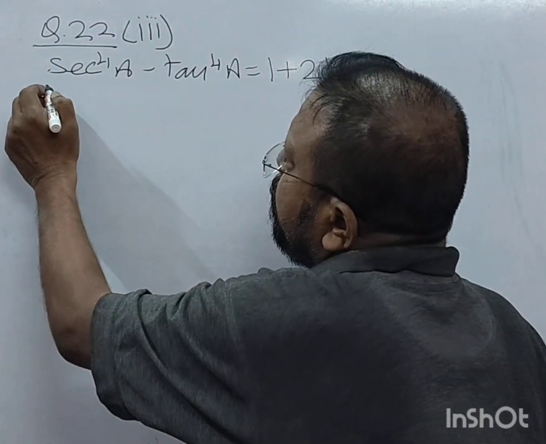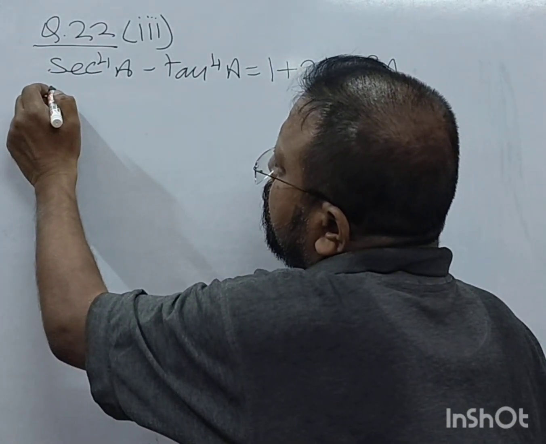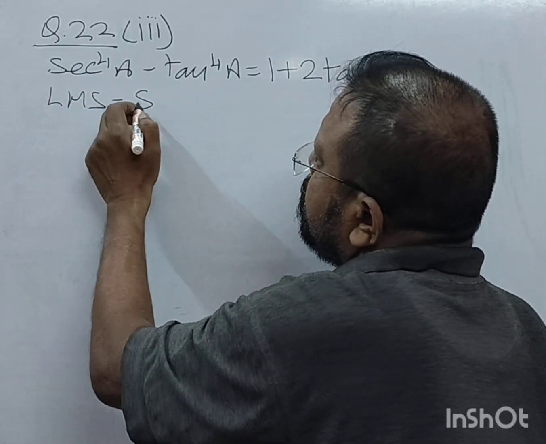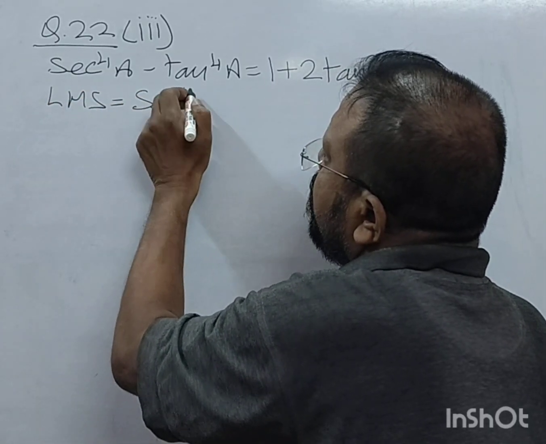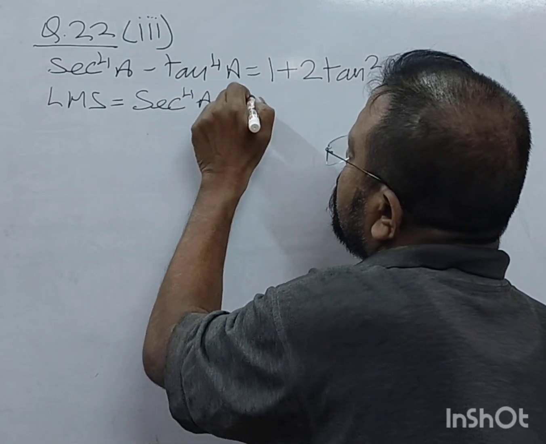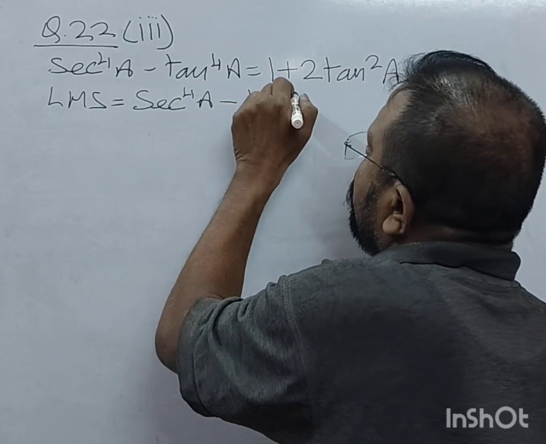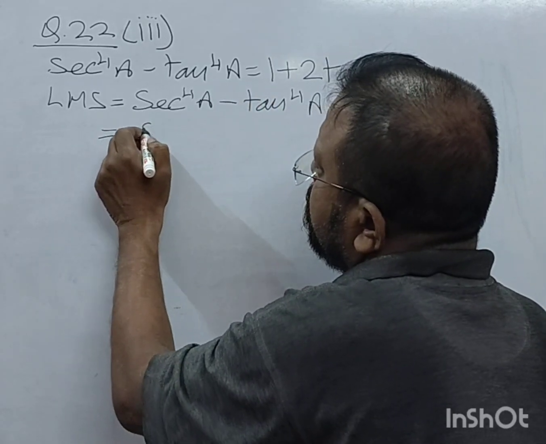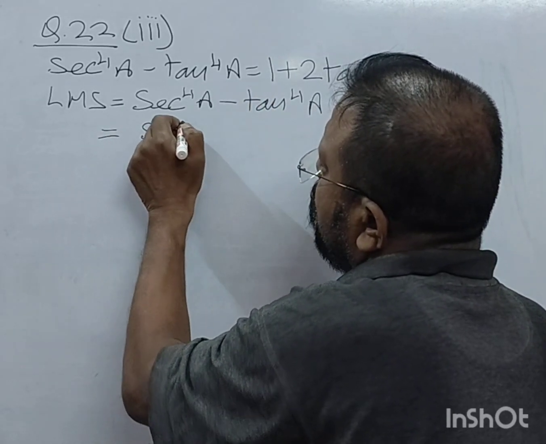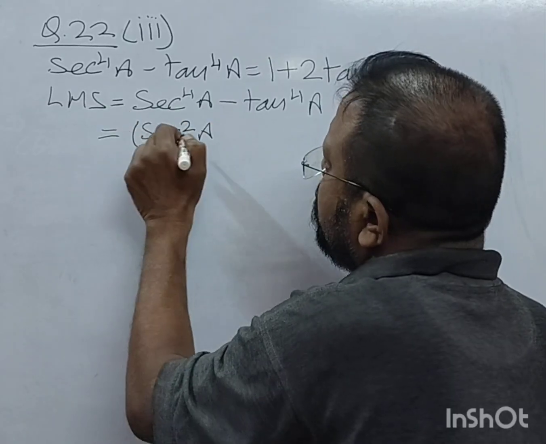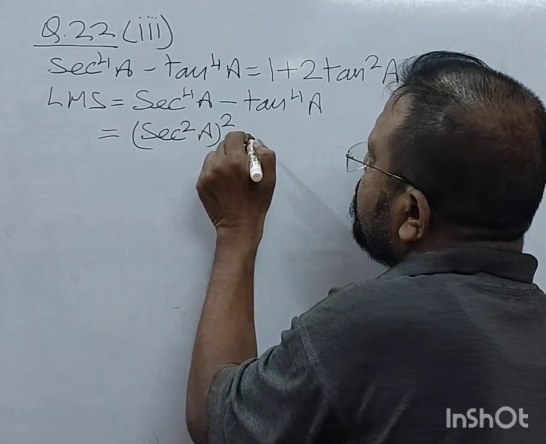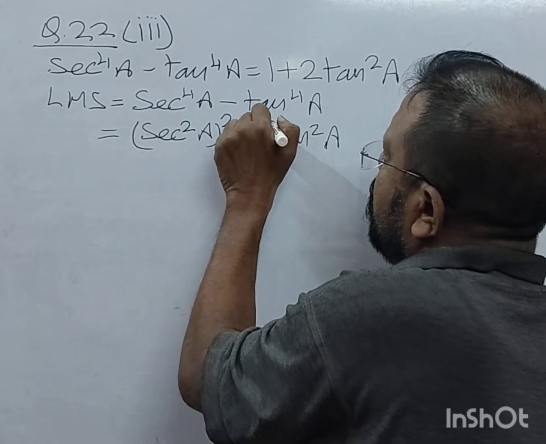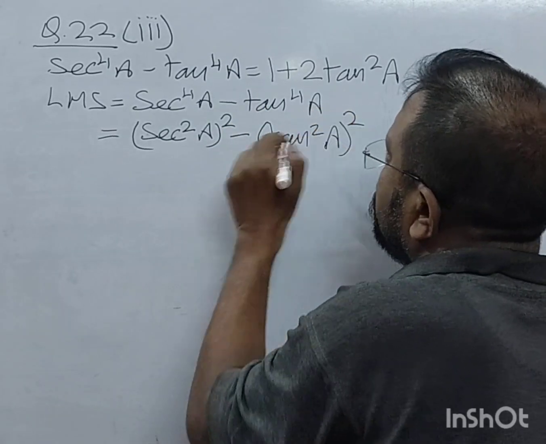So we take LHS. LHS is what? Sec raised to the power 4a minus tan raised to the power 4a. So we can write it sec square a whole square minus tan square a whole square, right?